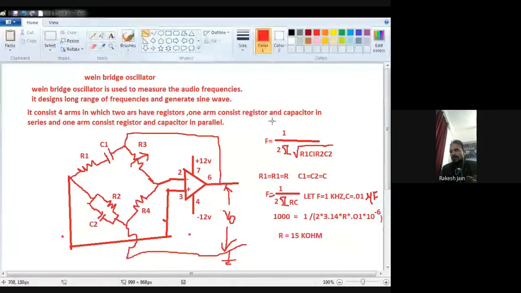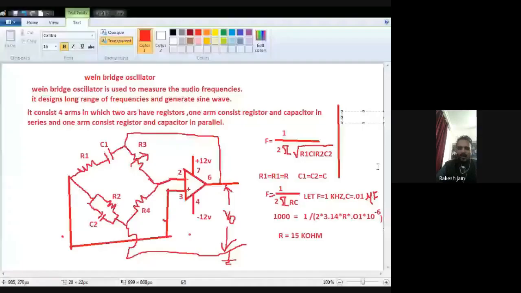Now for R3 and R4, as the theory I taught you, R3 and R4 are related to each other such that R3 divided by R4 is equal to 2. So we can say R3 is equal to twice the R4.